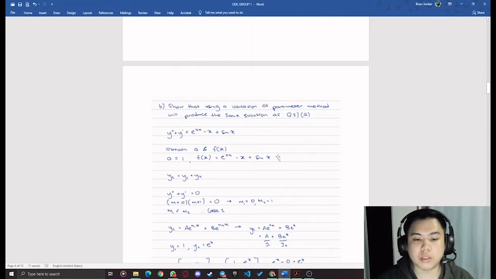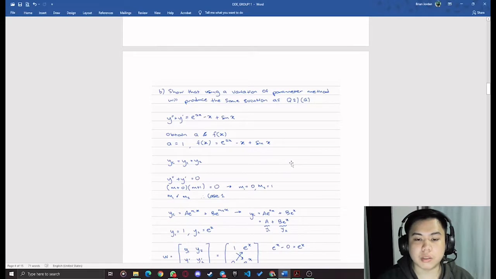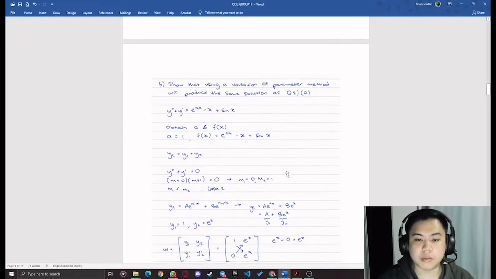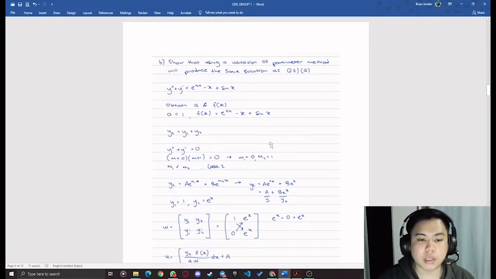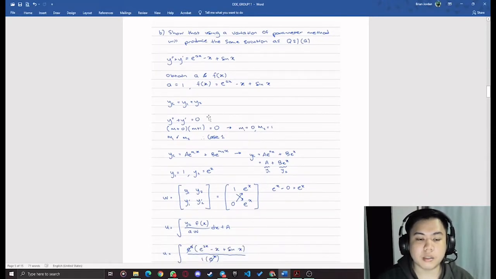We move on to the next question, which uses variation of parameters, the next method that will produce the same solution as the previous question. The first thing I did was obtain a, which is 1, and f(x), which is equal to e to the x minus x plus sin x. And yc is equal to y1 plus y2.